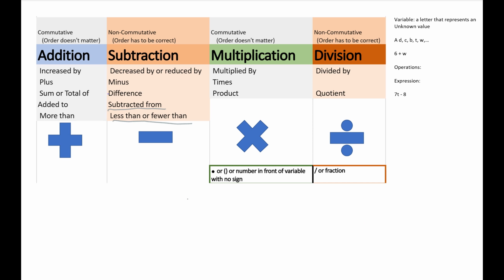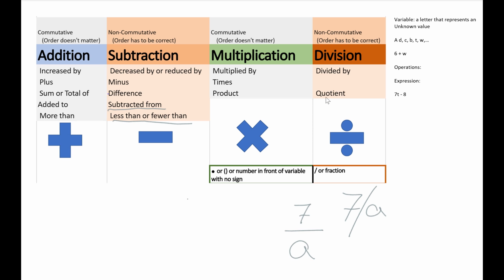And just be careful of what order you're dividing things by. So if you have 7 divided by a, you have 7 over a. You can do 7 slash a.